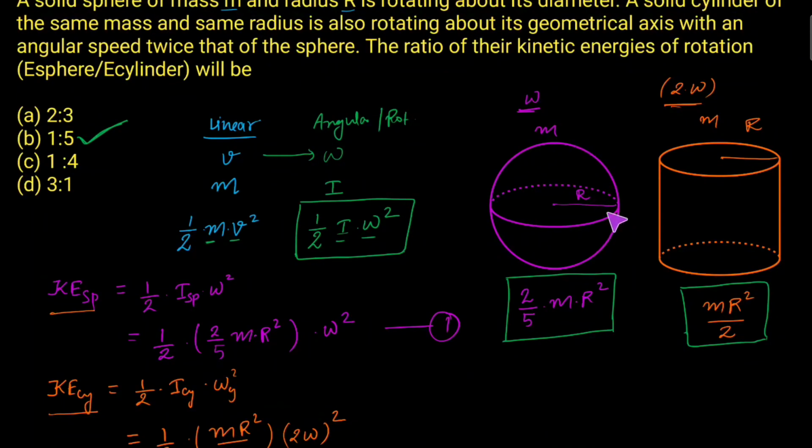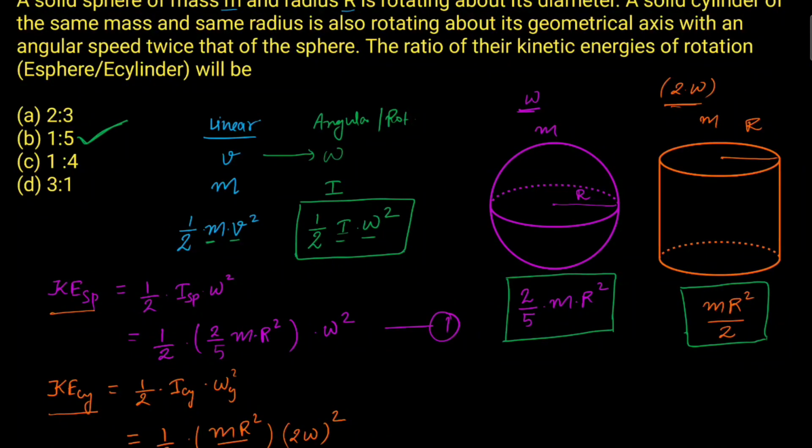In the question, it is given that the radius of the sphere and the cylinder are the same. Mass is also the same. The angular velocity of the sphere is omega, so the angular velocity of the cylinder would be 2 omega. It is given in the question. The moment of inertia of the sphere is 2 by 5 mr square. The moment of inertia of the cylinder is mr square by 2.